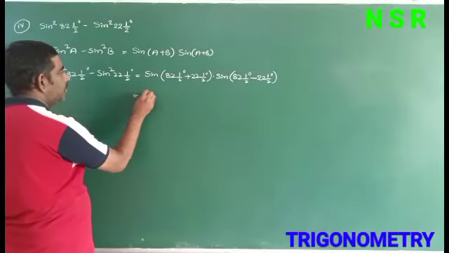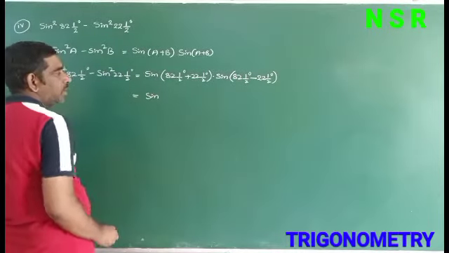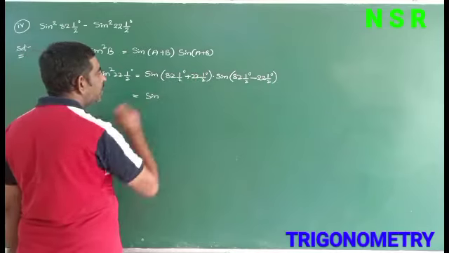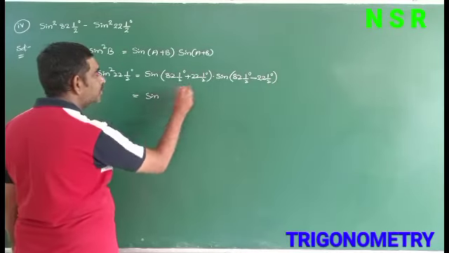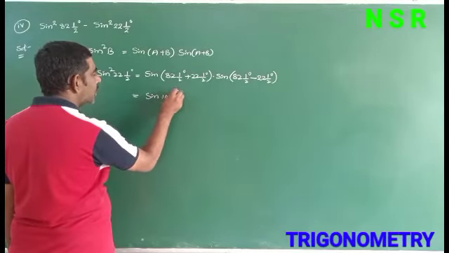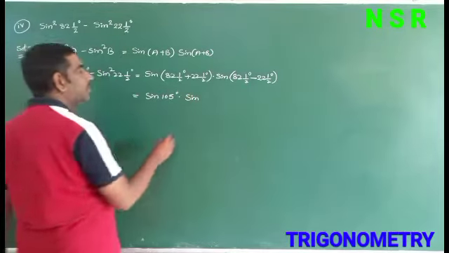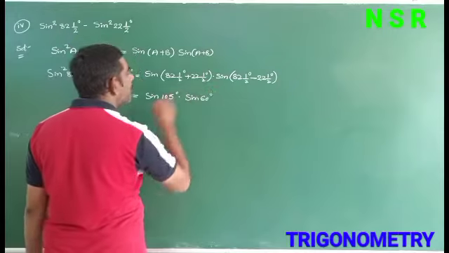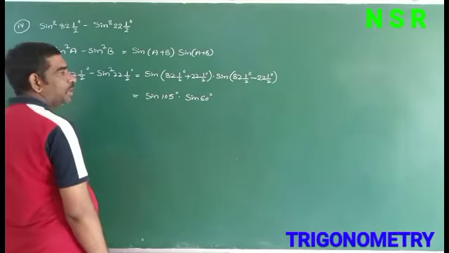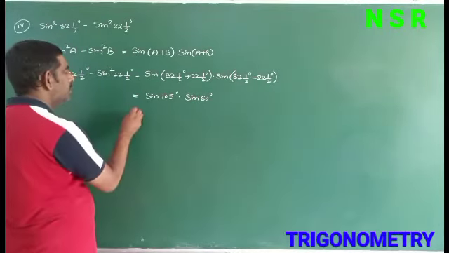Now it is equal to sin(82 plus 22, 104, plus 1, 105), so sin 105 degrees into sin 60, since 82.5 minus 22.5 equals 60 degrees.